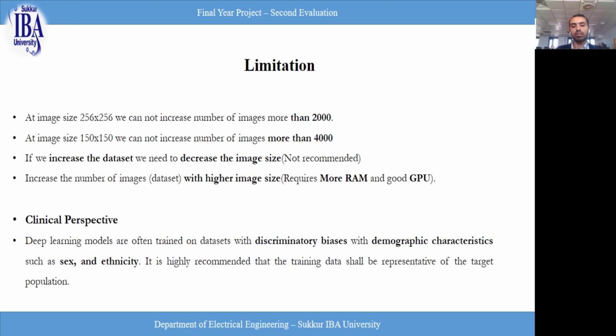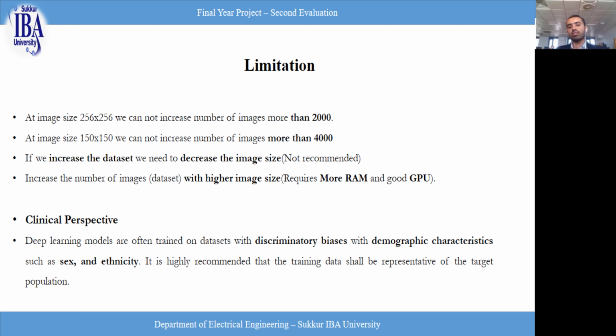The Chinese people have a different body structure, their genetics are different, and COVID affects them differently. Everyone has a different immune system, and everyone gets COVID-19 differently.